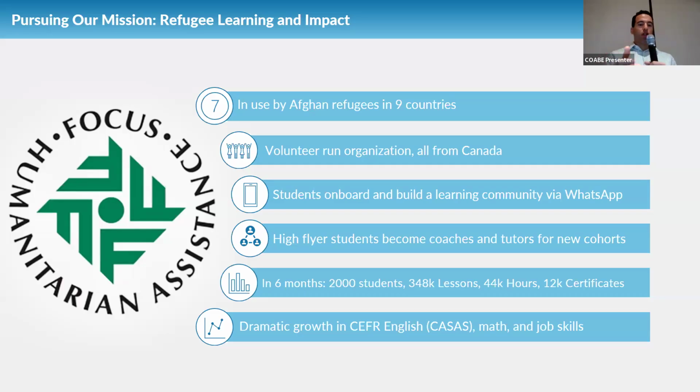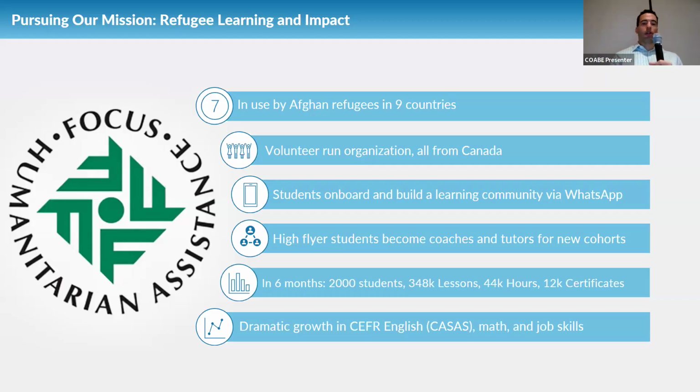So in this case, Focus Humanitarian Assistance provides disaster relief as their primary focus. And when the Taliban took back over, they reached out to us, and this also coincided with COVID travel restrictions. And they said, a lot of the things that we were doing to provide education support for refugees is no longer possible.